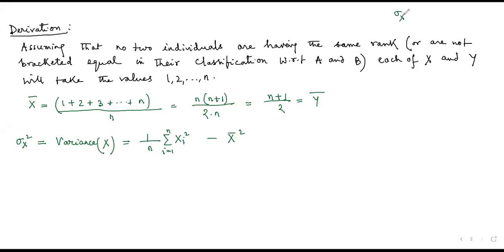Remember that the sample variance formula is actually written with 1 by n minus 1, but for the sake of simplicity and calculation, I am not using that formula right now. I am going to use the usual formula of variance, dividing by n.